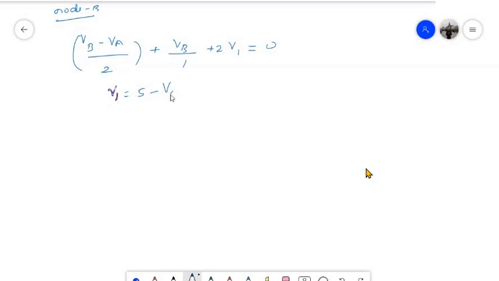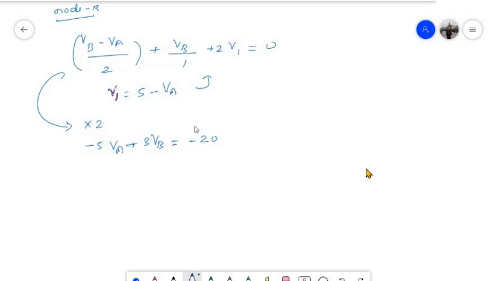So you can substitute this here. Ultimately, by rearranging, maybe you can multiply it by 2, you will be getting around minus 5 times VA plus 3 times VB is equal to minus 20. I am writing this directly.